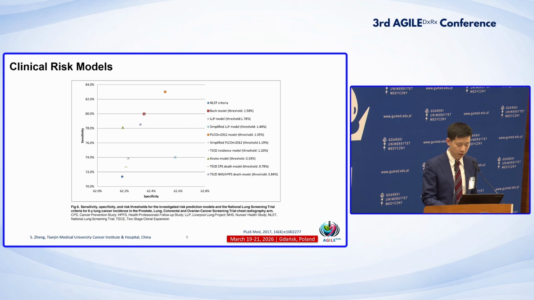Also, researchers further analyzed the sensitivity and specificity for these different models and the NLST criteria. Still, the BAC and PLCO models ranked at the top, and they outperform the NLST criteria.